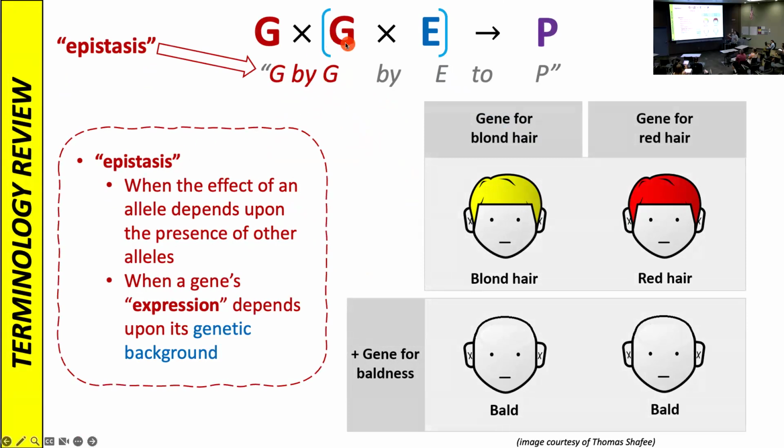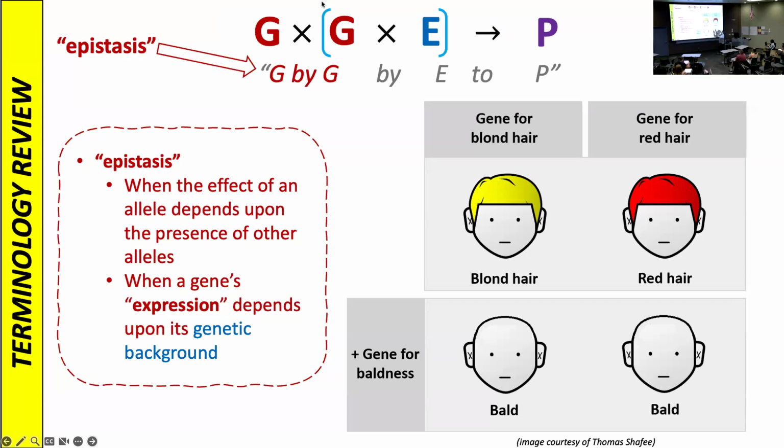Well, that was me saying that the other genes create a kind of microenvironment. Before it was G by E, but epistasis is saying that just like the environment modulates the gene to give you phenotype, part of the environment in epistasis is other genes that aren't directly related to that phenotype.